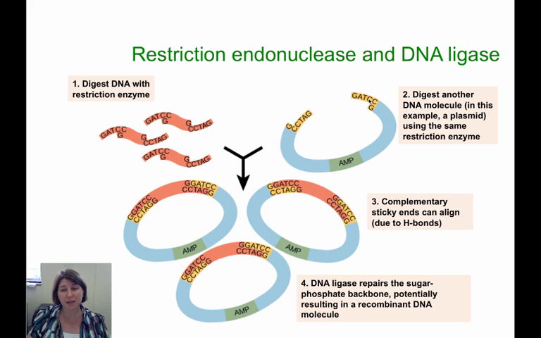If we put these two pieces of DNA together, the complementary sticky ends will align due to hydrogen bonding. And then we can use the enzyme DNA ligase to repair the sugar phosphate backbone of the DNA. What this means is now we have covalently linked these two pieces of DNA, and so therefore we have a recombinant DNA molecule.